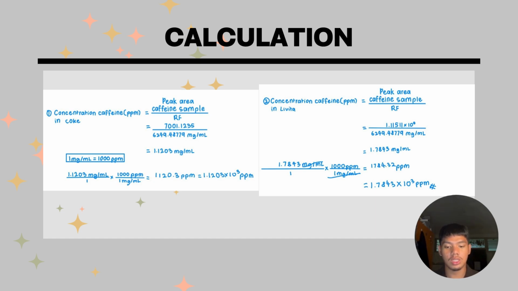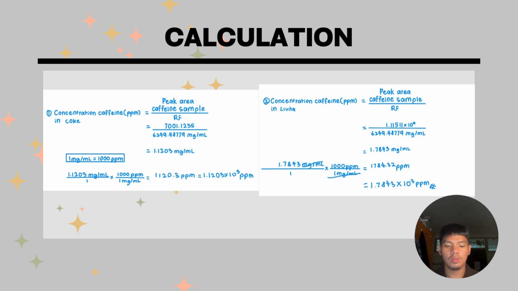But we need to change this to ppm. So the final value we got is 1.1203 times 10 to the power of 3 ppm. Next, we must do the same for Levita. So we need to calculate the concentration of caffeine in Levita. We do this by taking the peak area of the caffeine sample, divided by the RF value.